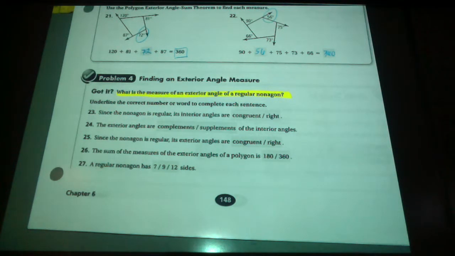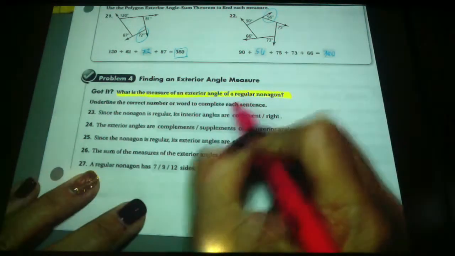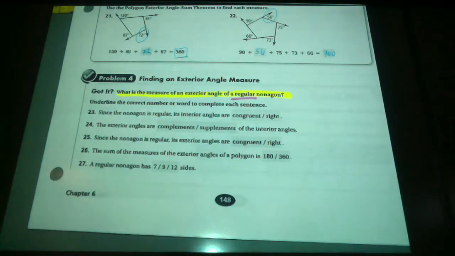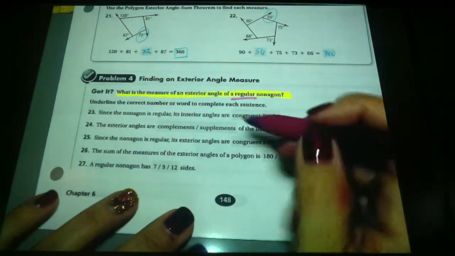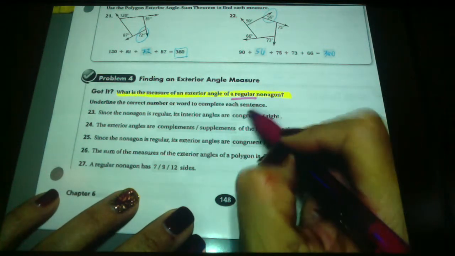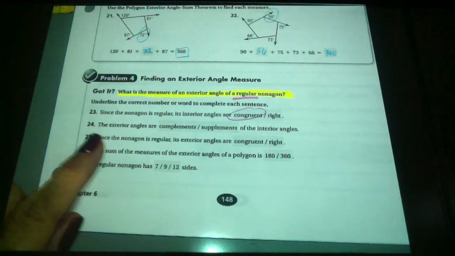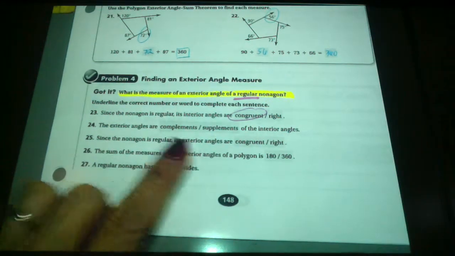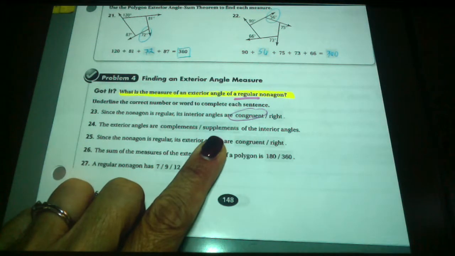So they tell you it's a regular nonagon. Because it's regular, what do you know about the interior angles? Congruent, right? They're congruent. The exterior angles are complements or supplements of the interior angles.